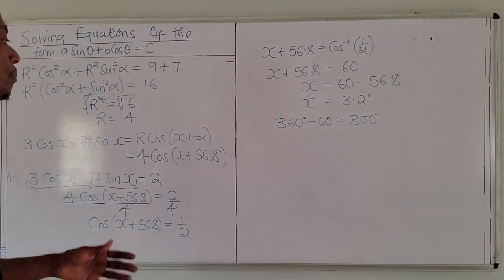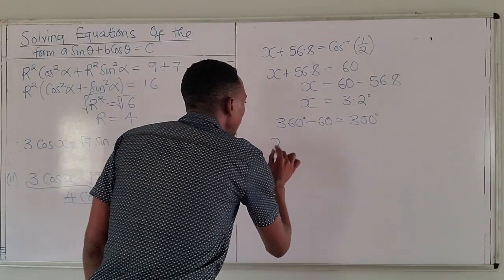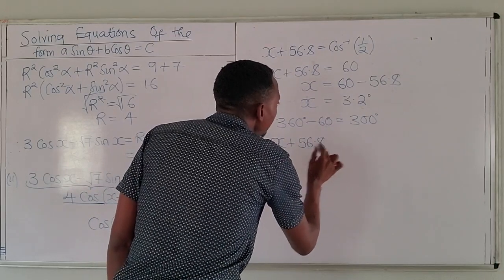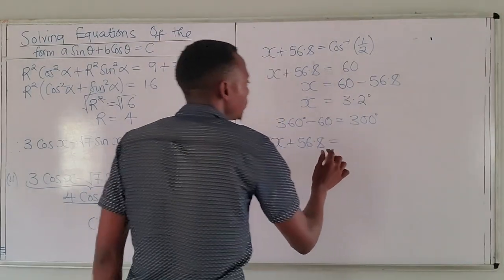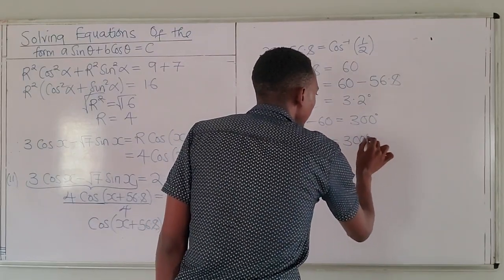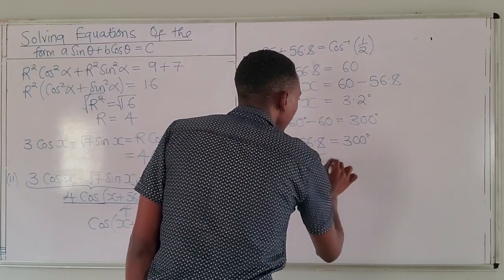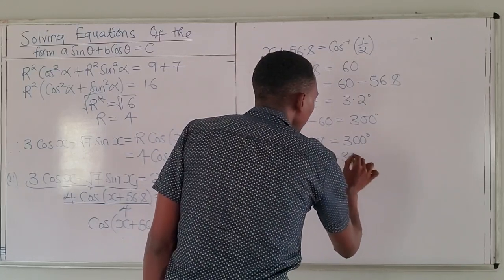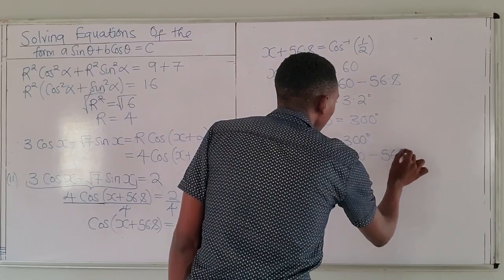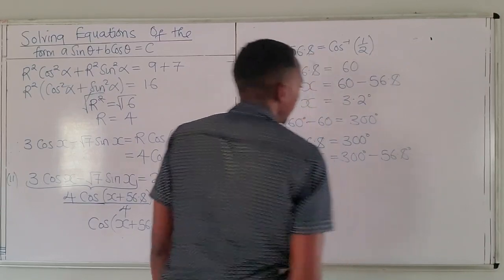So again, using the same function, which is x plus 56.8 is equal to 300 degrees. From there, we're going to find x is equal to 300 take away 56.8 degrees.